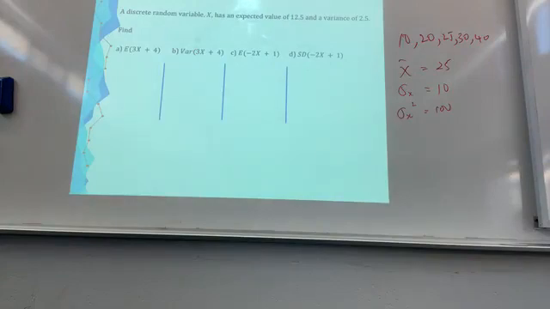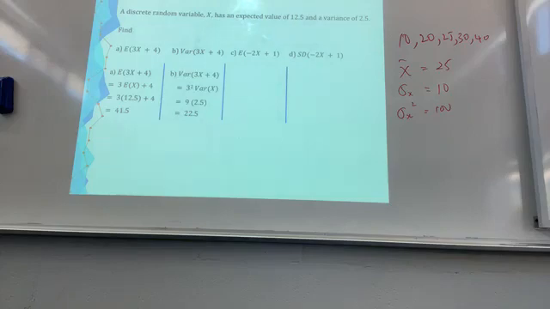So the expected value should be that. It's just basically 3 times E(x) plus 4. It will become 41.5. But for the variance you need to square A. So you've got 3 squared times 2.5, which is 22.5. Can you do the other two, please?